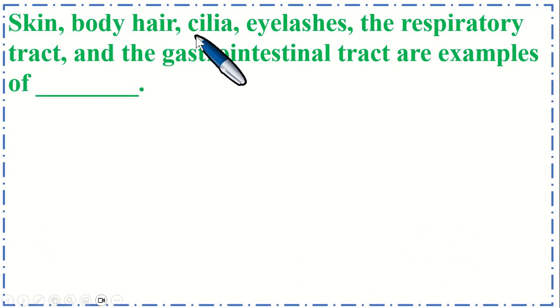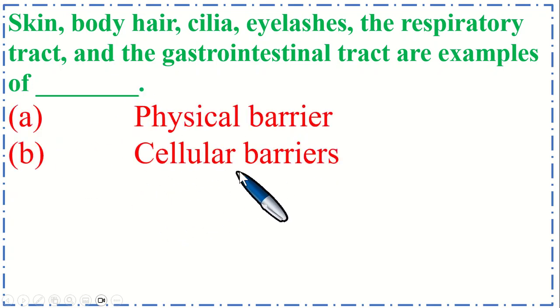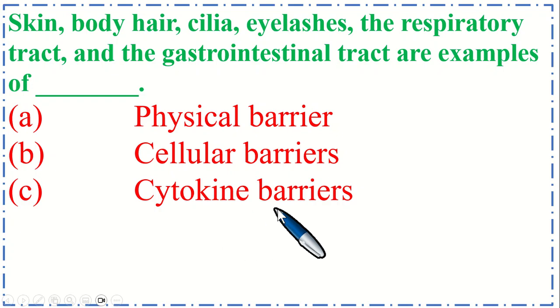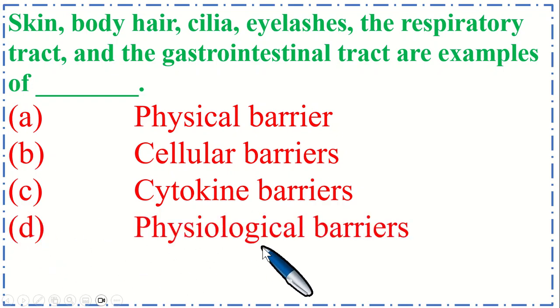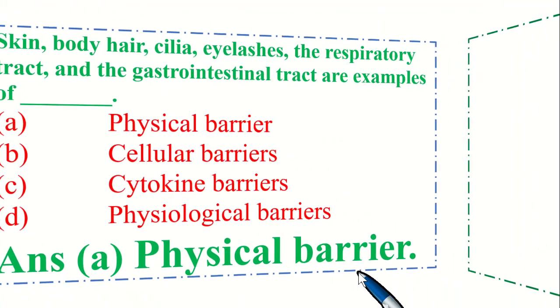Skin, body hair, cilia, eyelashes, the respiratory tract, and the gastrointestinal tract are examples of dash. Option A, physical barrier, B, cellular barrier, C, cytokines barrier, and option D, physiological barrier. So the correct option is A, physical barrier.